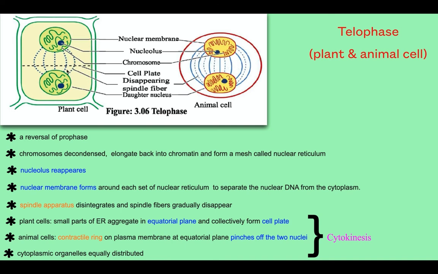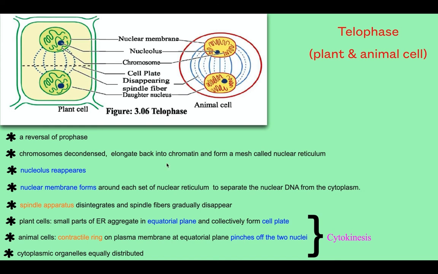Sorry, I'm showing the wrong cell here. Here in the plant cell, they will create a cell plate. How? After the aggregation of endoplasmic reticulum in the equatorial plane.